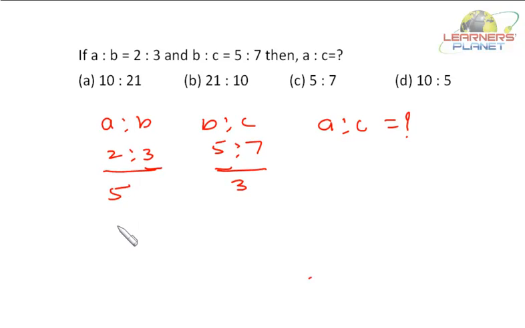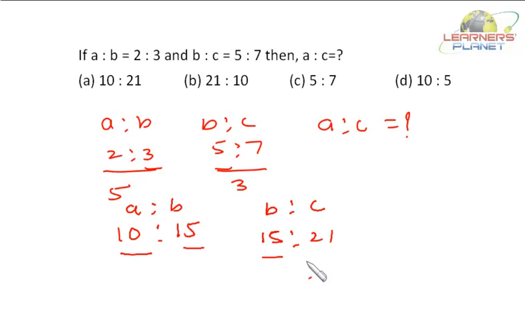So what I'll be getting over here is 5 2s are 10 is to 15, that is A is to B, and what I'll be getting over here is 15 is to 21. Now B is same at both the places, so now we can make comparison of A and C. So A is to C will be 10 is to 21.